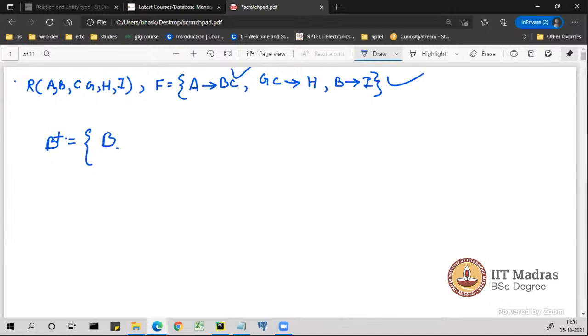Okay, yes. B itself will define itself. So that is trivial. Whenever you have an alpha plus, the set will always have alpha. It will have many other things, or it may not, but alpha will always be there. This is the trivial dependency. Now I will go to this question and briefly discuss this.